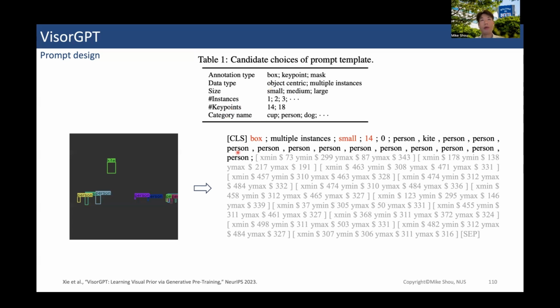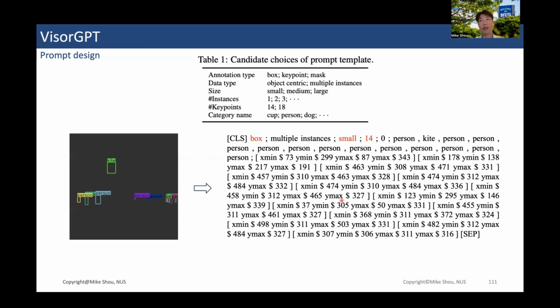So here is a more concrete example. For example, we can have a prompt like box. So we are supposed to generate bounding box, multiple instance, small, 14, person, and so on and so forth. This is the prompt that we feed into the ALM, and what we want as the output is basically the rest.